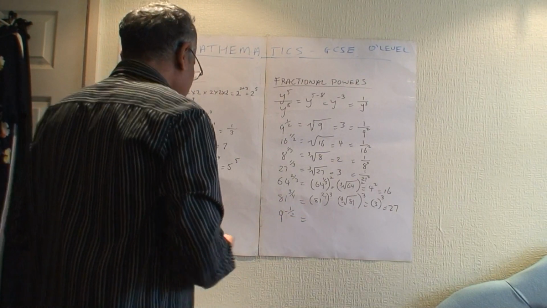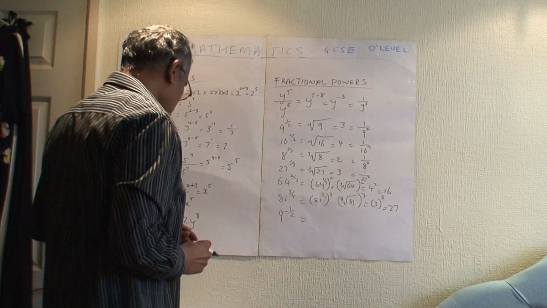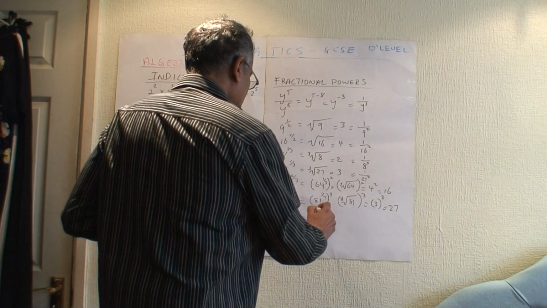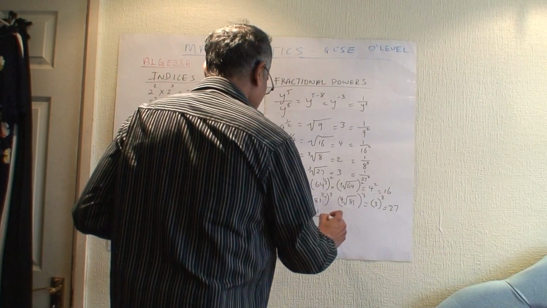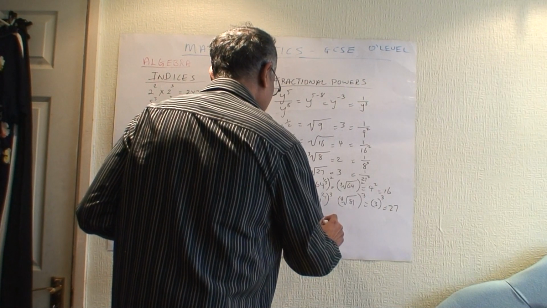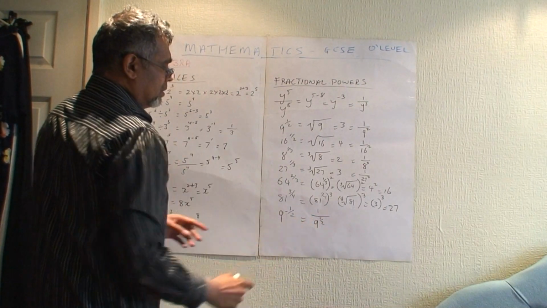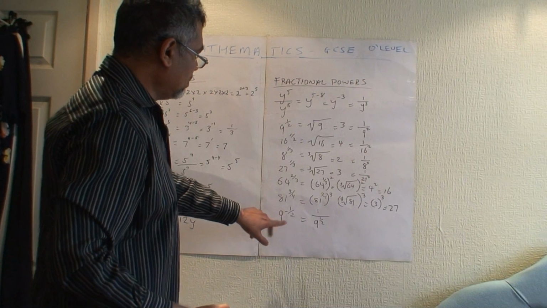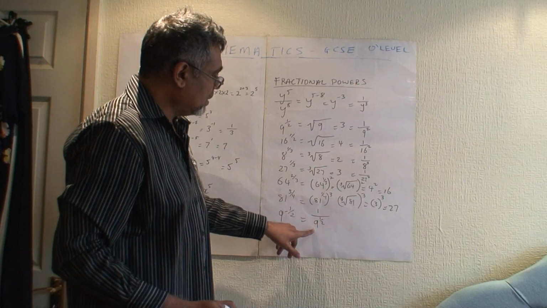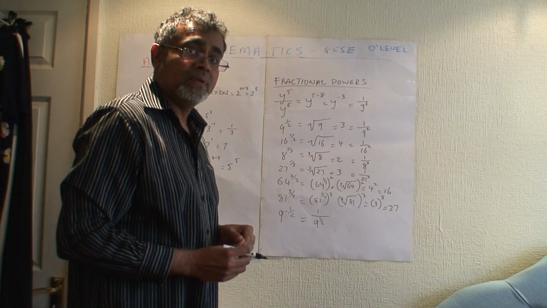Okay, our final example, 9 to the power of minus a half. Okay, now this can be written as 1 over 9 to the power of a half.